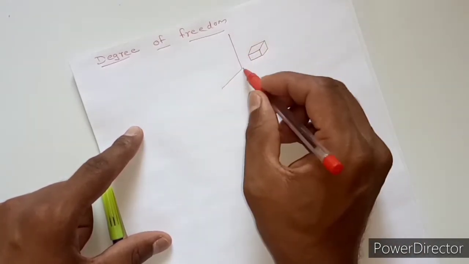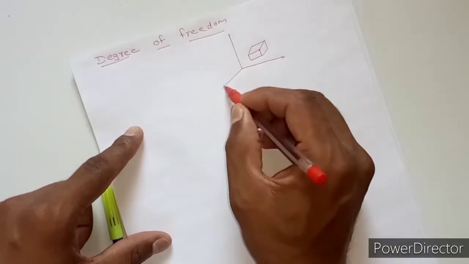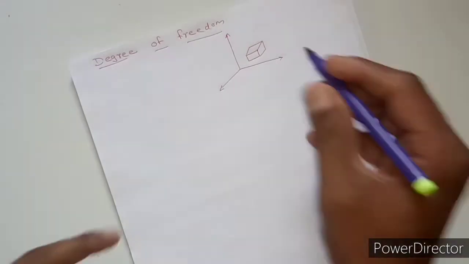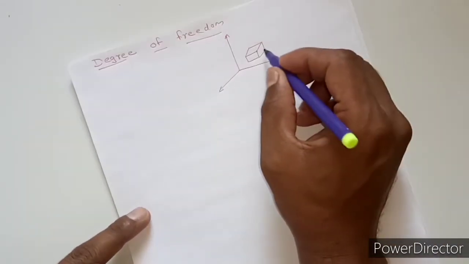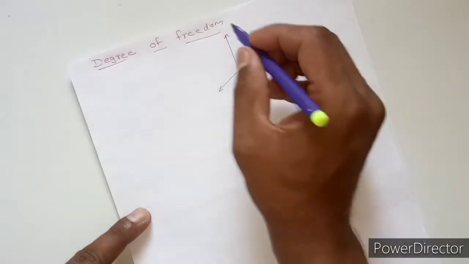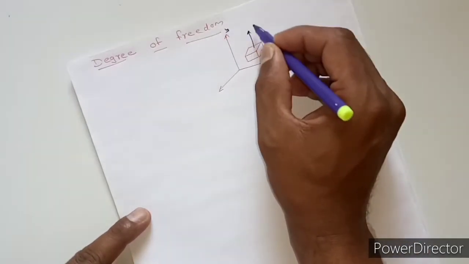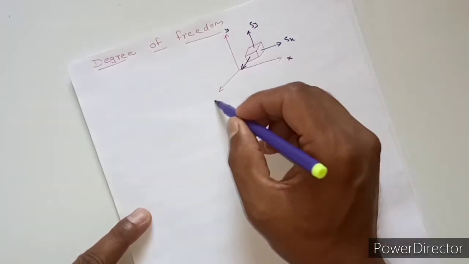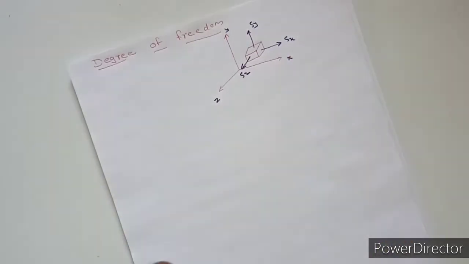Now this rigid body can translate along x direction, it can translate along y direction, as well as it can translate along z direction.